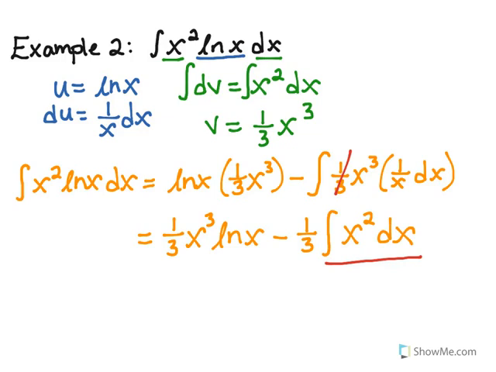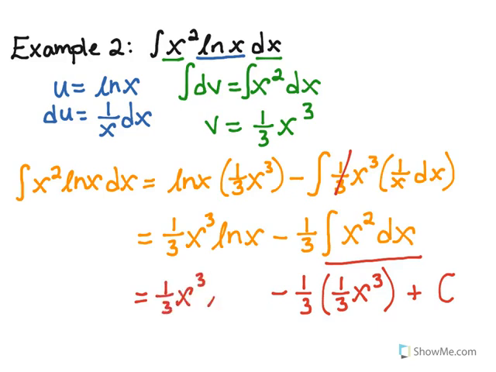So I'm going to have the minus 1/3 times the antiderivative of x squared, which is 1/3 x cubed. We're going to tack on our plus c at the end, and the first part stays the same. So to get my final answer, all I need to do is combine the two 1/3s in the second term.